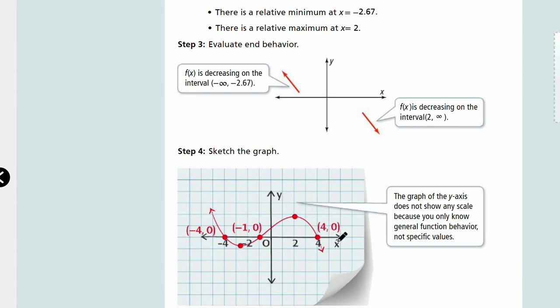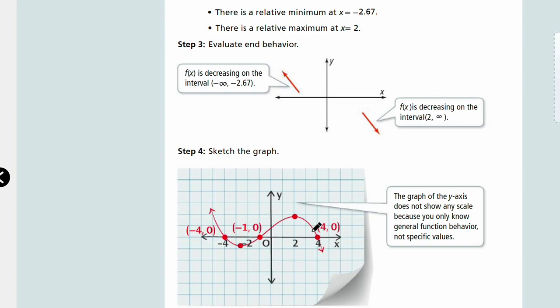We don't know how low our y values are going to be, so our y values are not labeled, and that's okay. We just know that your x-intercepts are at negative 4, negative 1, and 4, and your turning points are at exactly negative 2.67 and exactly 2. As long as those facts are correct, your graph is correct.